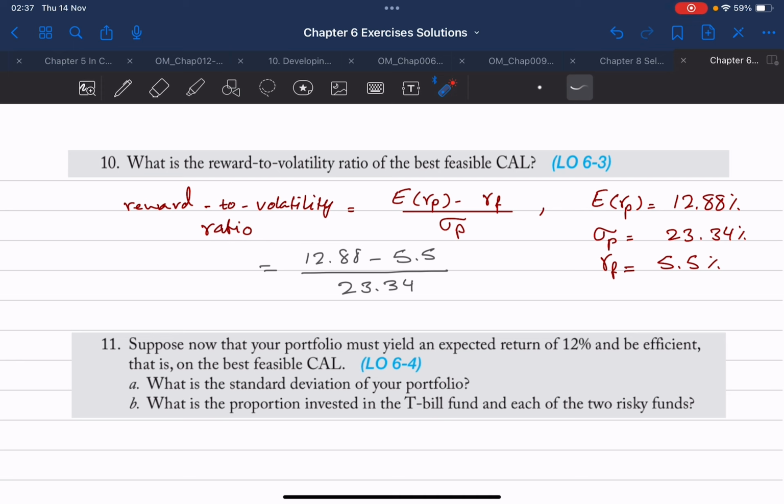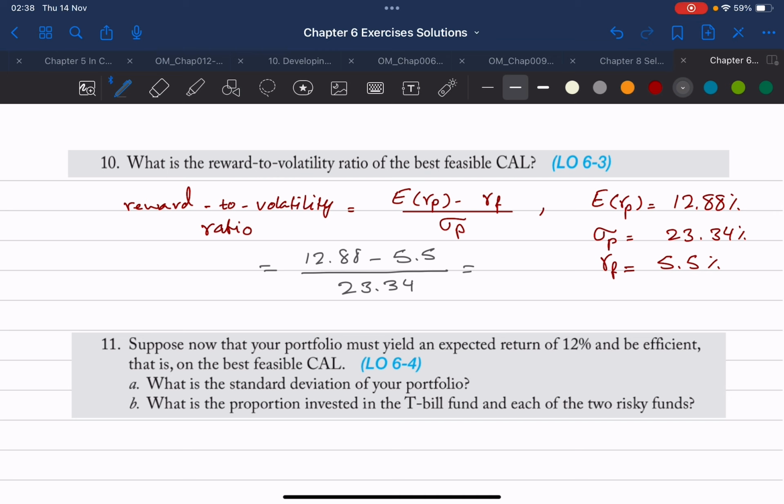Where students make mistakes is that they would substitute, for example, the top part or the numerator in a decimal format, and then for the standard deviation, they would write it in a percentage form, okay? Or vice versa. Because this is a fraction, a ratio, if you substitute in percentages at the top, you need to substitute also in a percentage format for the bottom, okay?